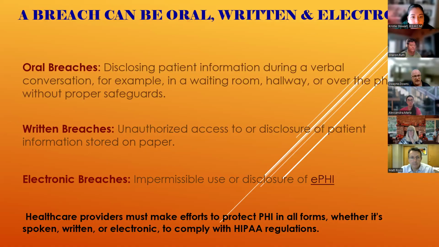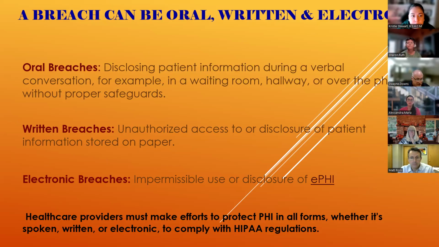So a breach could happen orally, written, or electronic. So an oral breach would be disclosing patient information during a verbal conversation. For example, in a waiting room, hallway, or over the phone without proper safeguards. This could happen if healthcare staff are talking too loudly about a patient's condition.